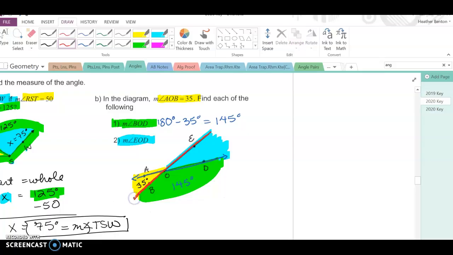This is a straight angle, and so the green and the blue parts together make up 180 degrees. Right? So straight line, you can think of this as two opposite rays, and from one ray to the other is 180. So 180 minus the 145, the blue part over here, is 35 degrees. So again, I had the green part, I was looking for the blue part to add up to the whole 180. So that is the measure of angle E to the O to the D.